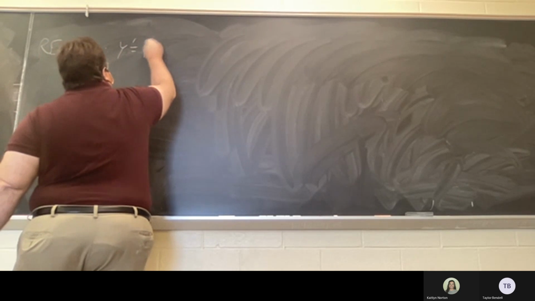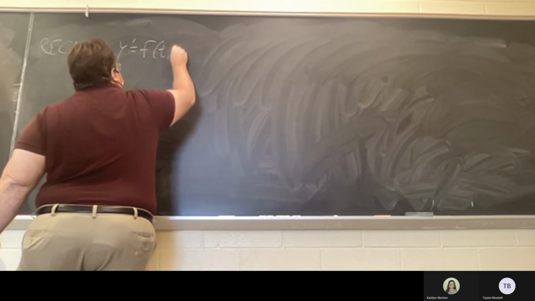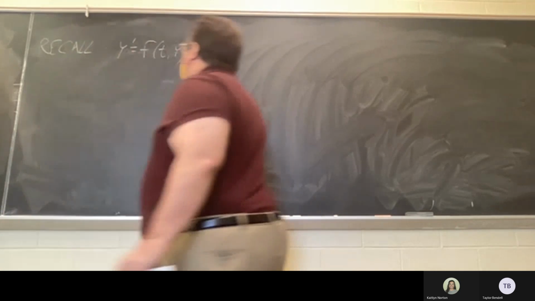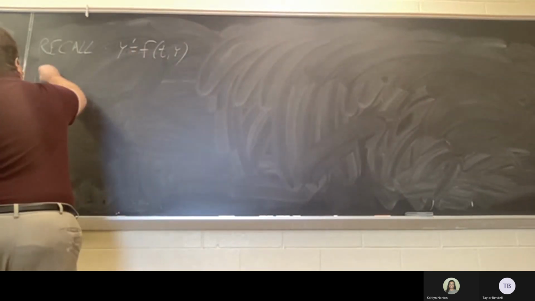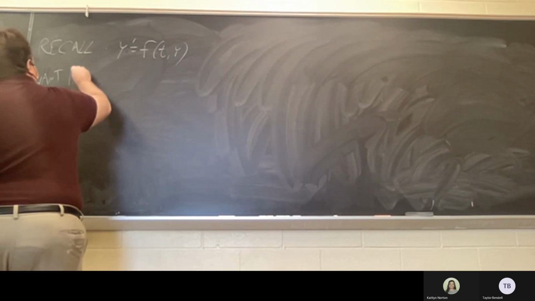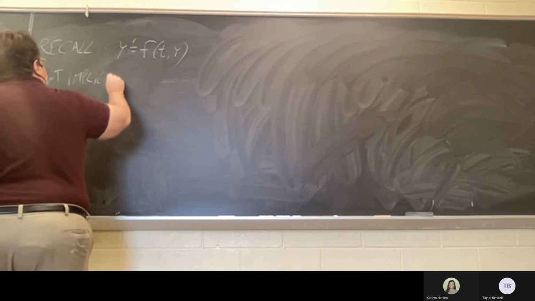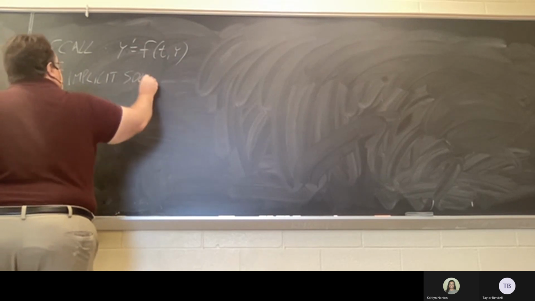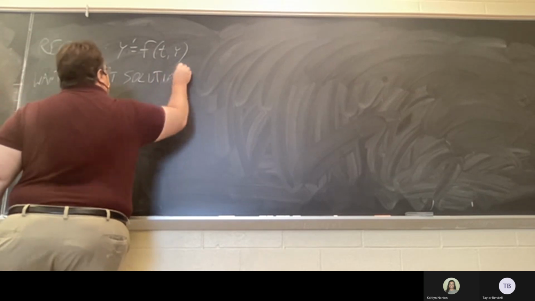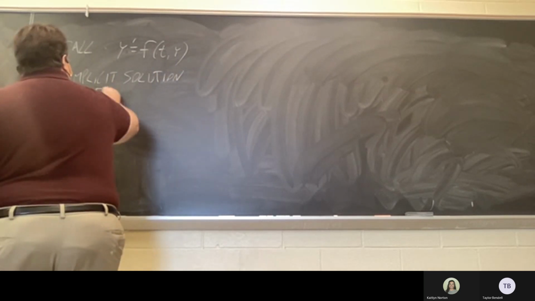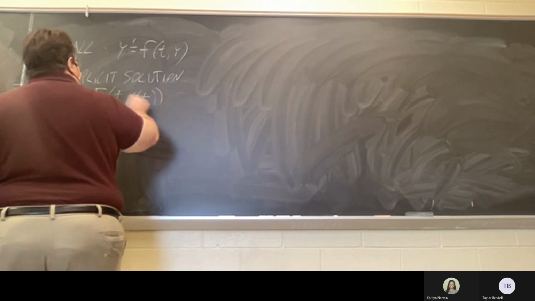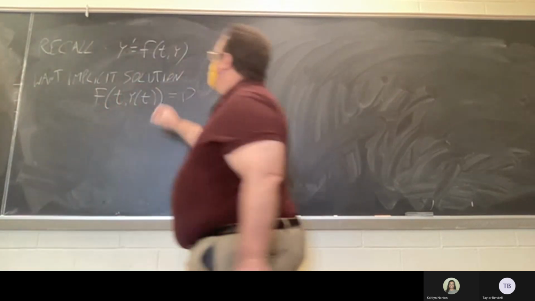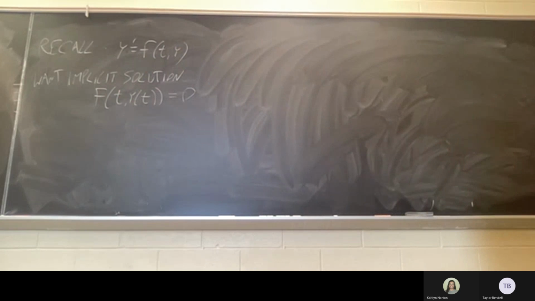So here we have our general first order ODE. And what we want is an implicit solution with a function big F of t and y, where F of t, y of t is equal to 0.